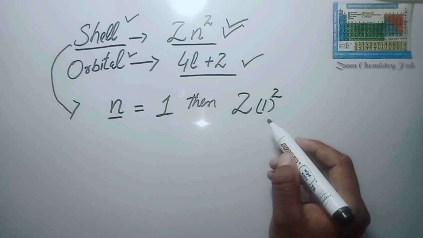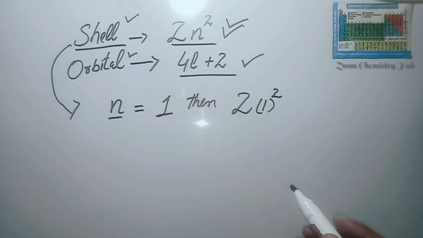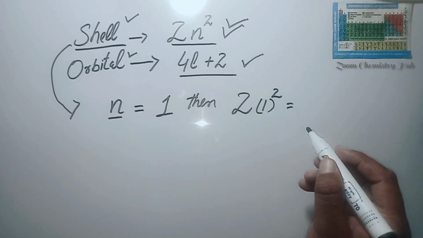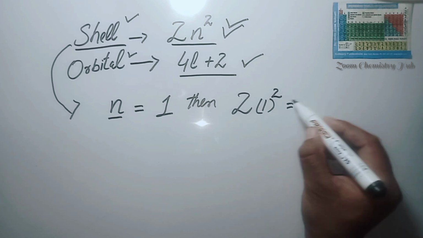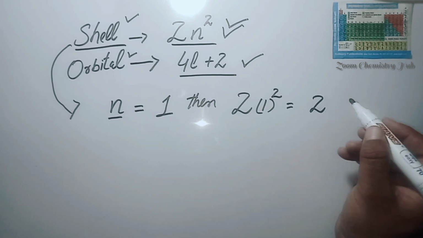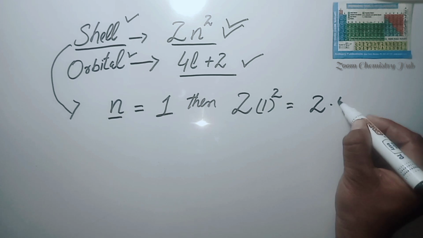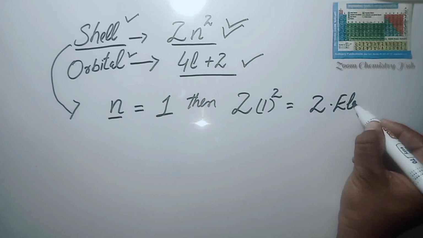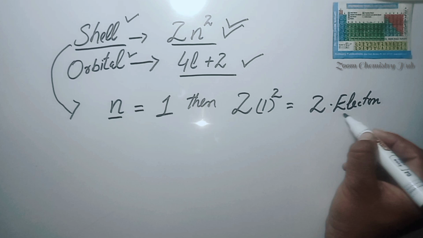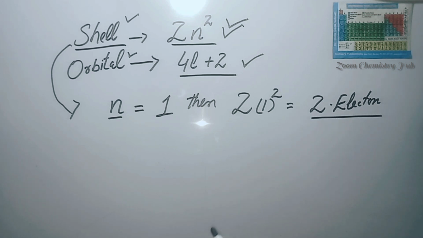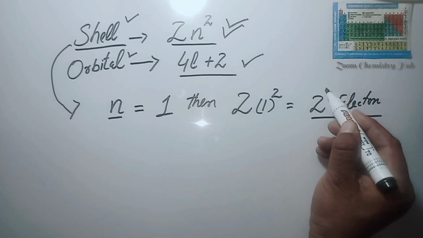By square we get the number of electrons, that is 2. So in the first shell there are 2 electrons. The maximum number of electrons in the first shell is 2.